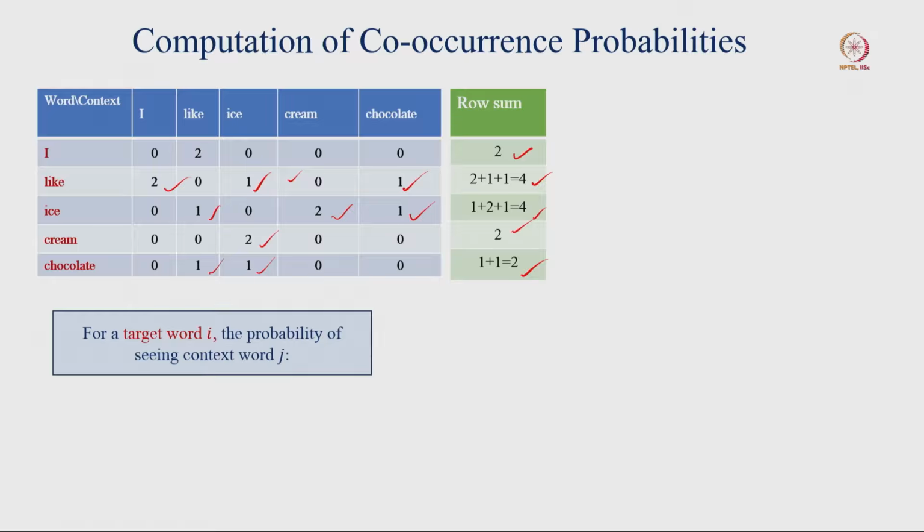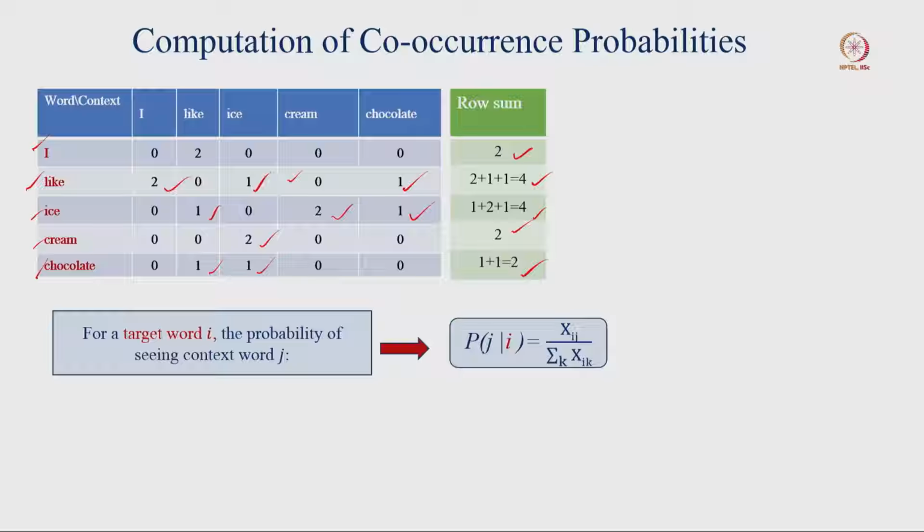For a target word i, the probability of seeing the context word j can be given as P(j given i) equals X_ij divided by the summation over k of X_ik. That means I am taking the conditional probability of j given i. What is i? i is my target word. So, where are my target words? Target words are these words.